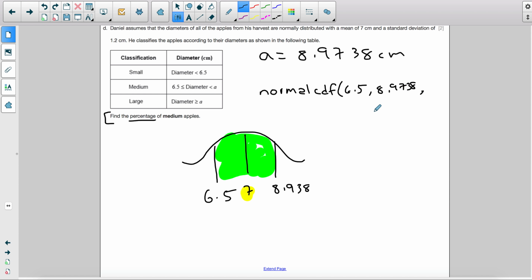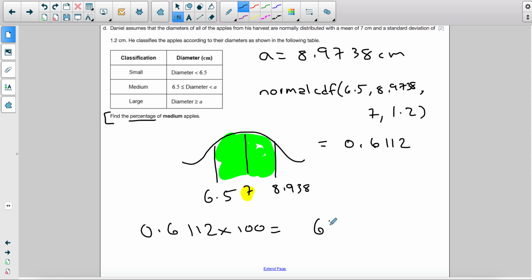Your mean is 7 and standard deviation 1.2. Write it in your calculator and you should get 0.6112. Now they want the answer in percentage, so remember to multiply by 100. 0.6112 times 100 is 61.12%. And that's the final answer for this one.